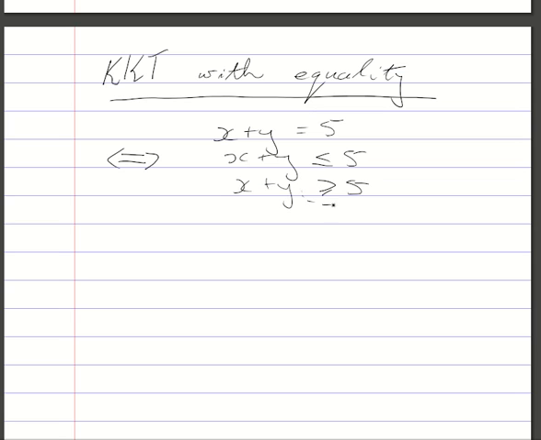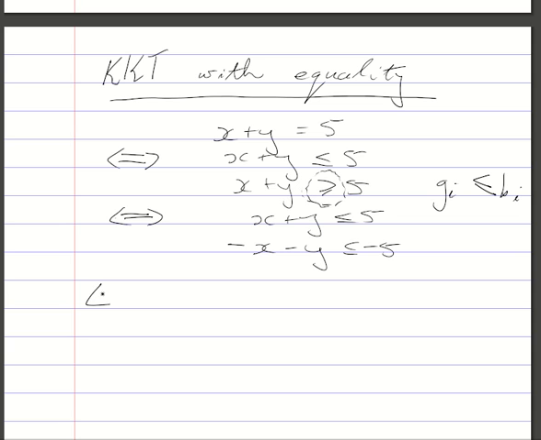Now we have a slight problem here because we require that all our constraints be of the form less than or equal to. So if we take x and y to the other side, we get them in the right form. So our one single equality constraint becomes 2 inequality constraints: x plus y less than or equal to 5, or minus x minus y less than or equal to 5.